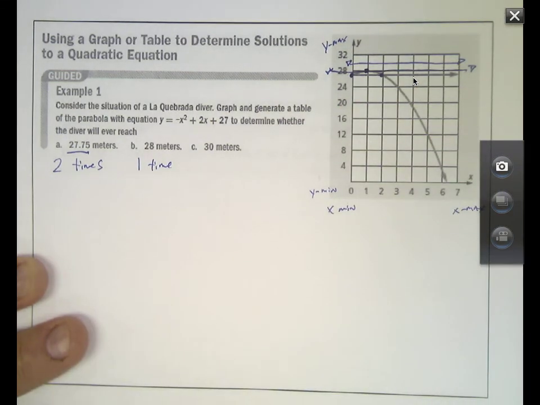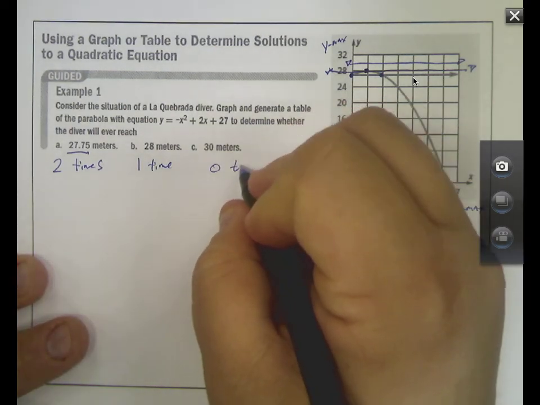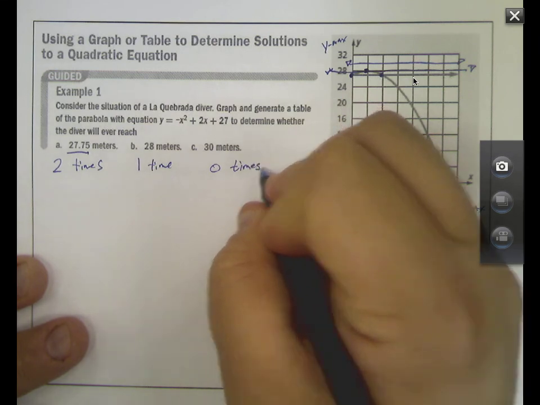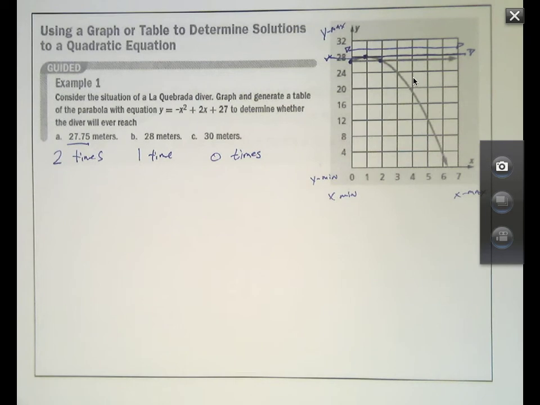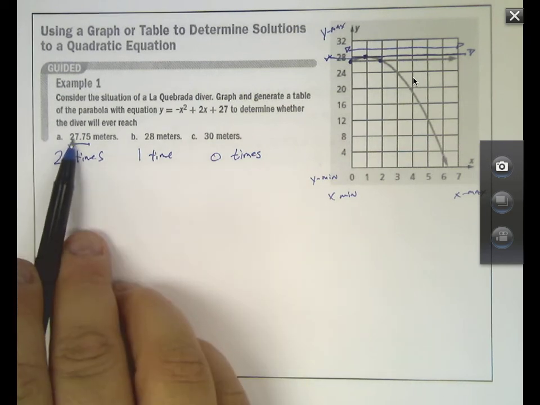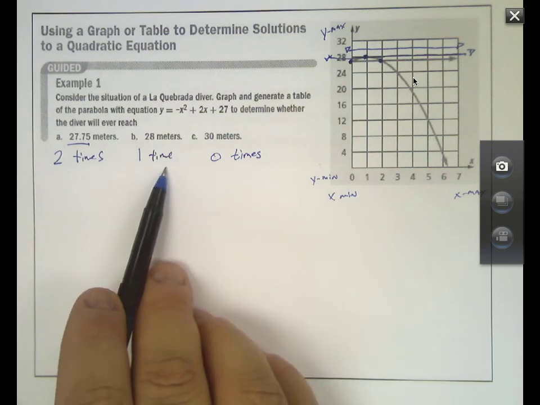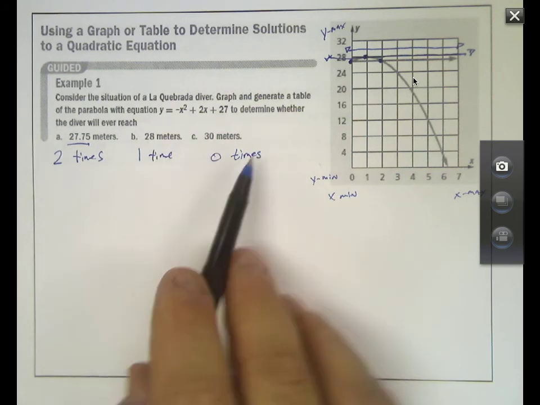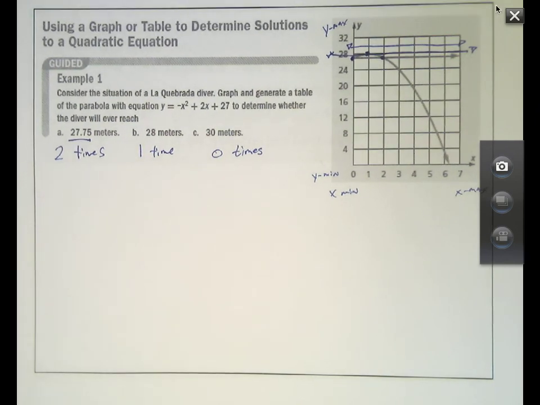How many times does it hit 30 meters? Well, it never gets to 30 meters. So 0 times is your answer. So it touched 27.75 meters twice, 28 meters once, and 30 meters 0 times.